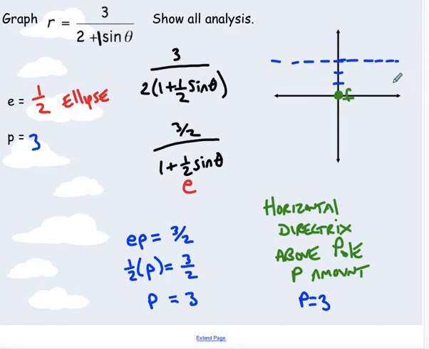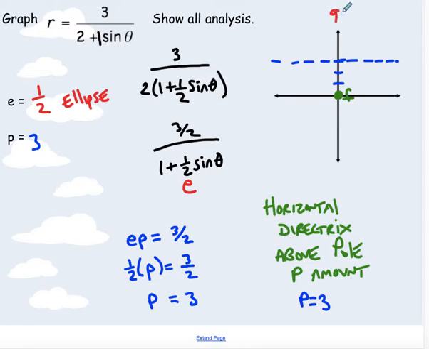So I know I'm going to have a vertex up here on the y-axis and a vertex down here somewhere on the y-axis. But I have to figure out where exactly to place them. Now remember, you're graphing in polar coordinates. So think of what angle you would be talking about by placing a vertex here and what angle would be down here.